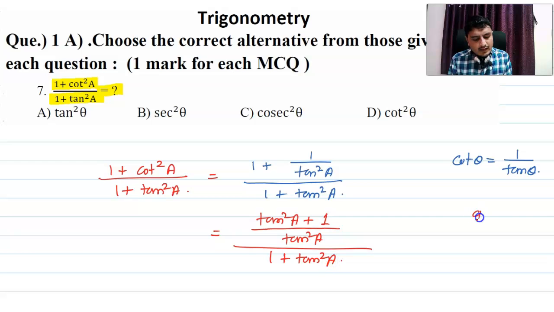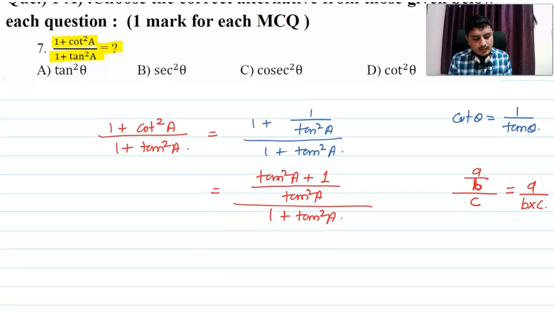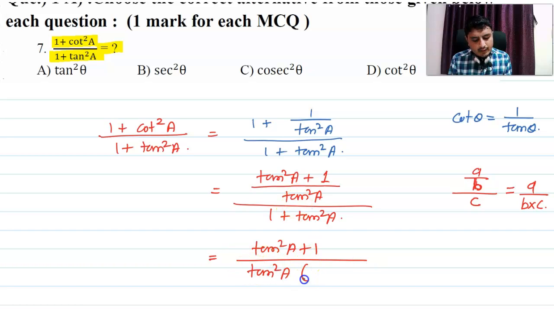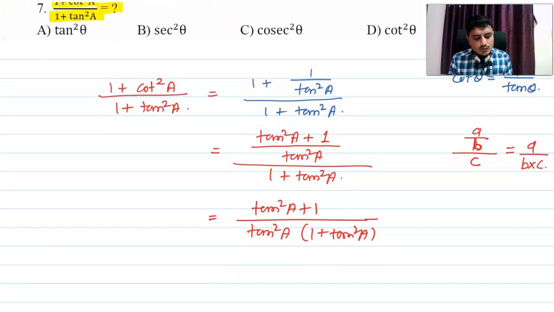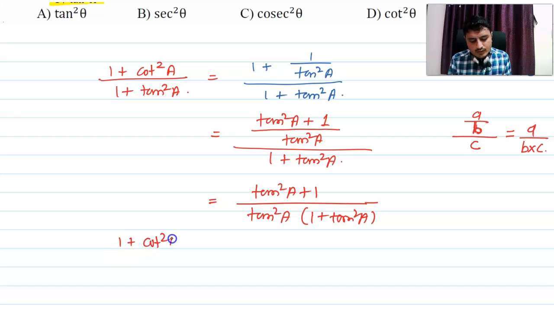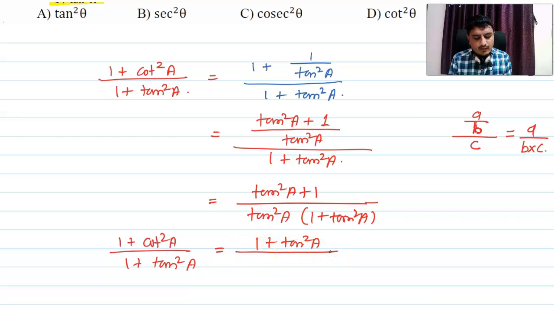Now the given rational is of the form A by B, the whole divided by C. We can write it in the form A divided by B into C, where A is tan square of A plus 1, B is tan square of A, and C is 1 plus tan square of A. So the value of 1 plus cot square of A divided by 1 plus tan square of A is equal to, we can write tan square of A plus 1 as 1 plus tan square of A, because addition is always commutative.